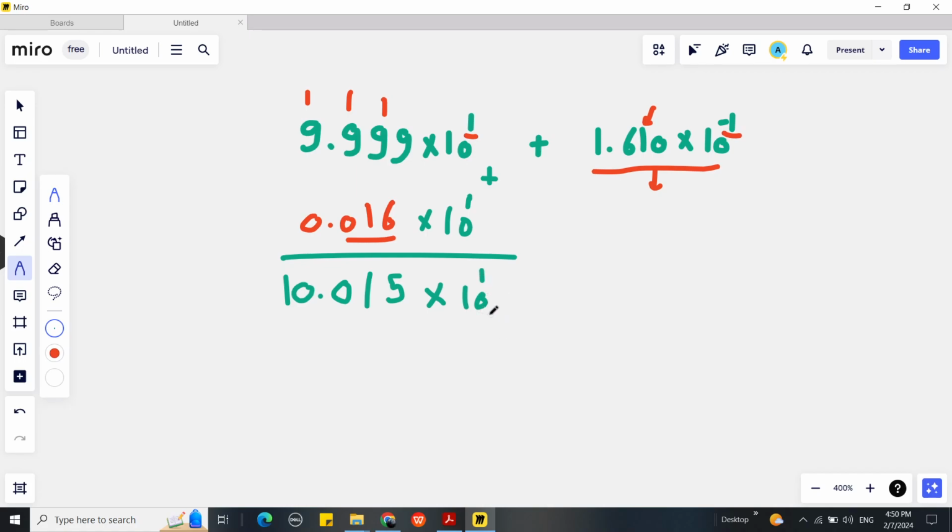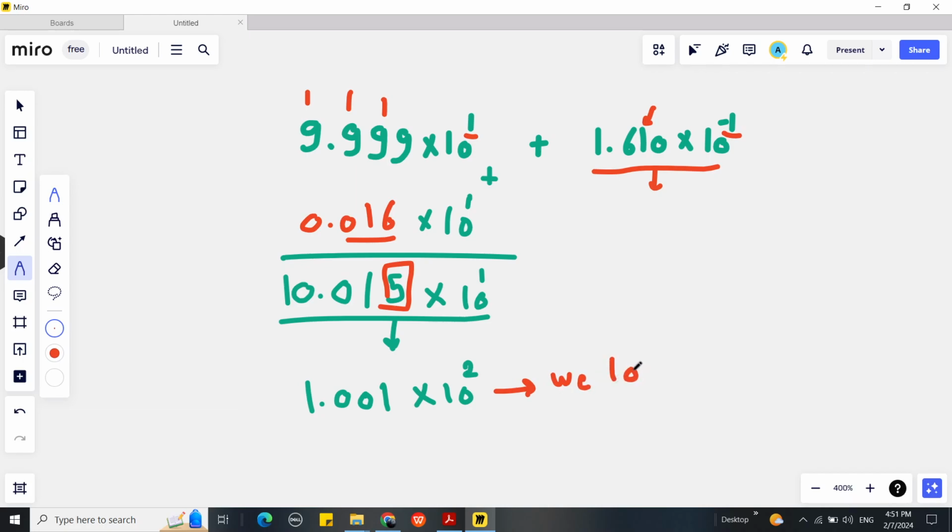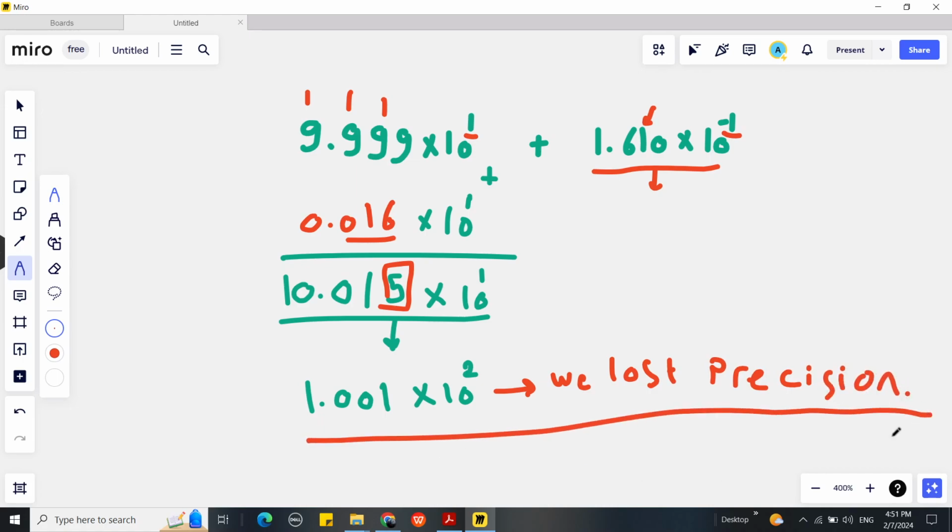But remember, we want it to be in scientific notation, so this is gonna be changed to 1.001 times 10 power 2. As you can see, we lost the 5 here, and this means we lost precision, and that is actually how to add binary numbers.